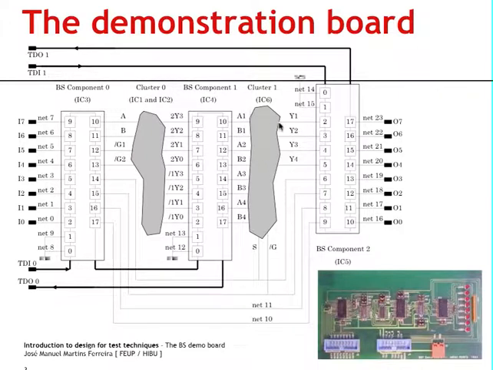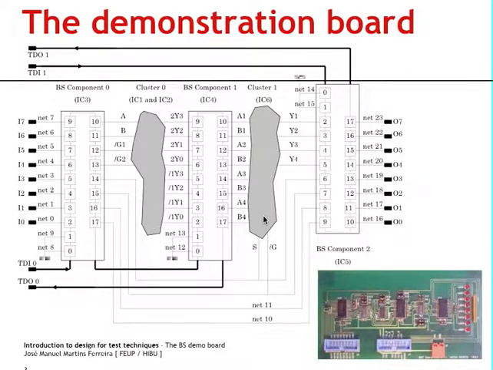So this will be a slightly more complex case to consider than this one, because we have to deal only with one boundary scan chain in this case, but we will have to deal with two, synchronizing the actions between two boundary scan chains in the case of the second cluster.